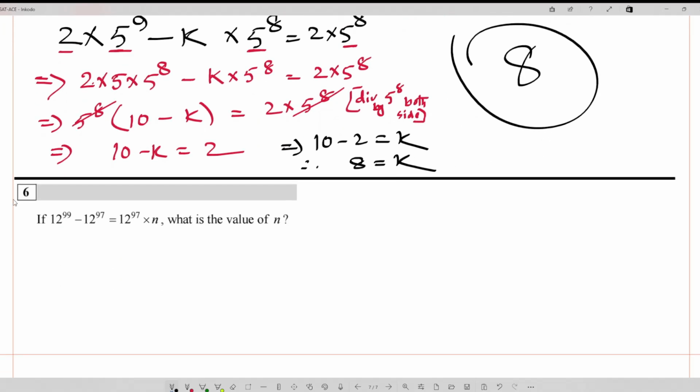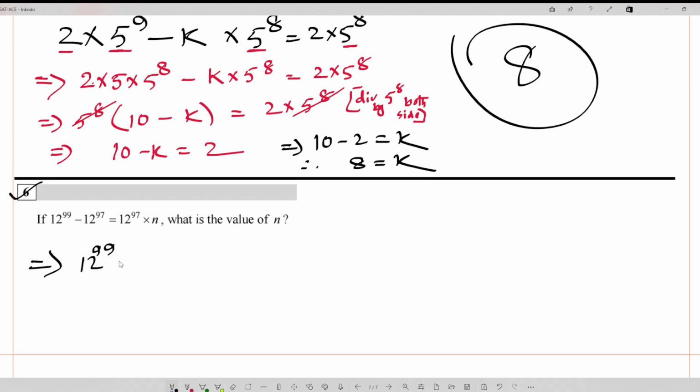Now number 6. If 12 to the power 99 minus 12 to the power 97 equals 12 to the power 97 times n, what is the value of n? So similarly, here is 12 to the power 99.